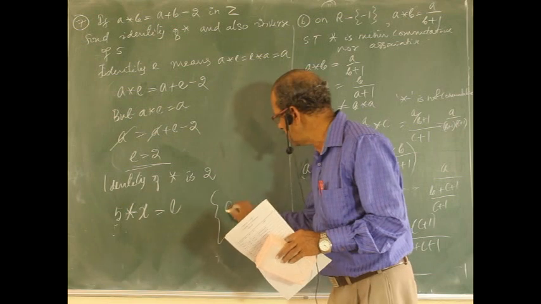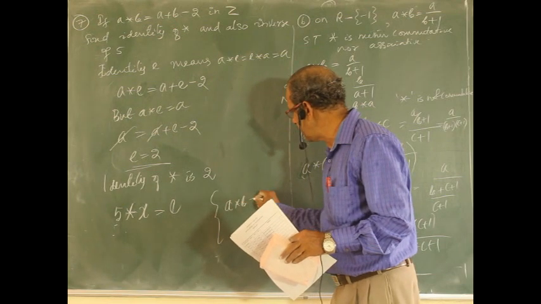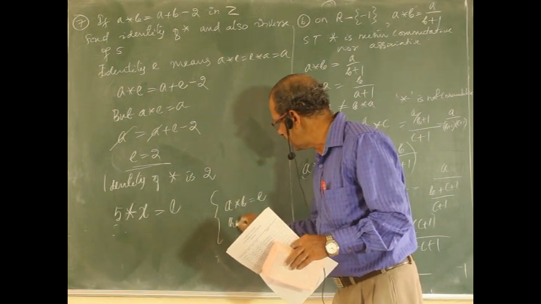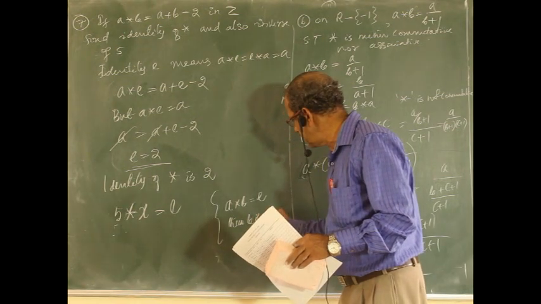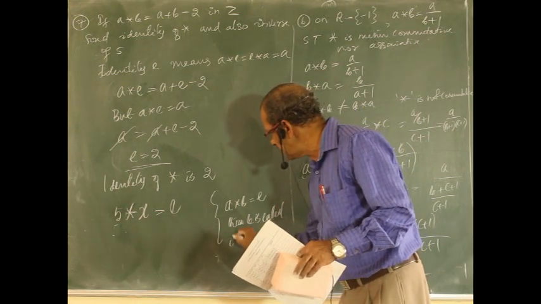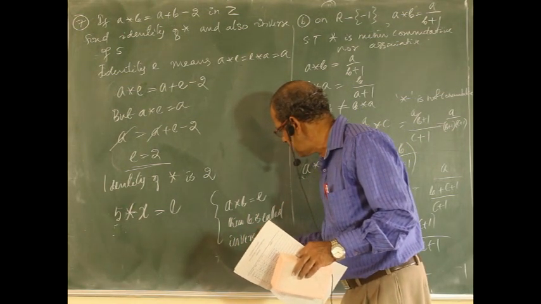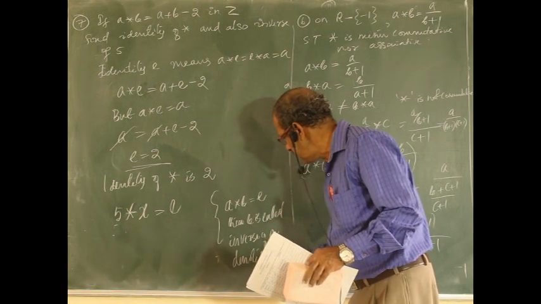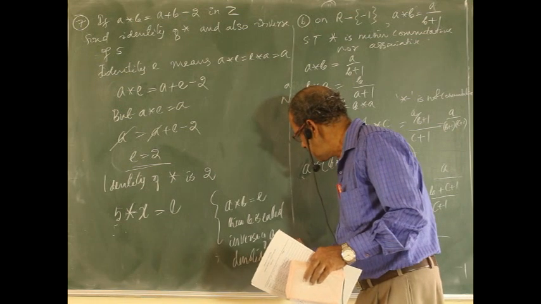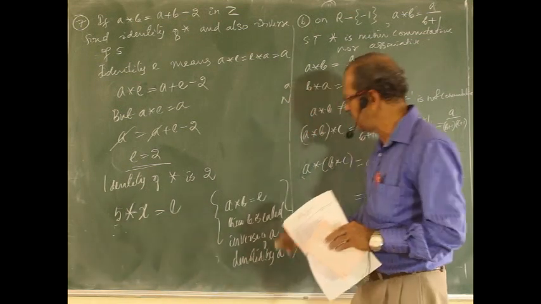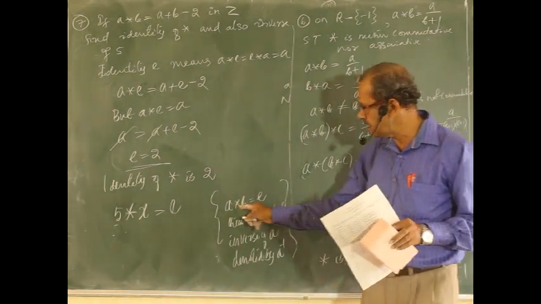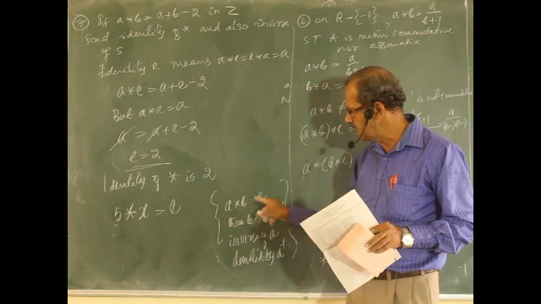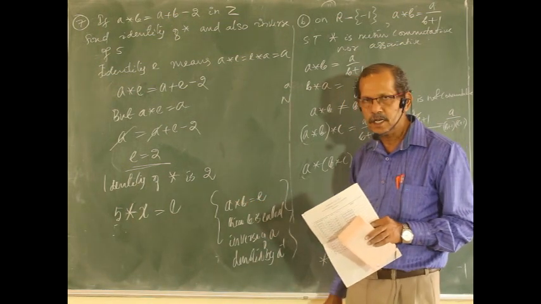See, A star B equal to E, then B is called inverse of A, denoted by A inverse. Remember this. A star B, if it is identity, then B is called inverse of this.